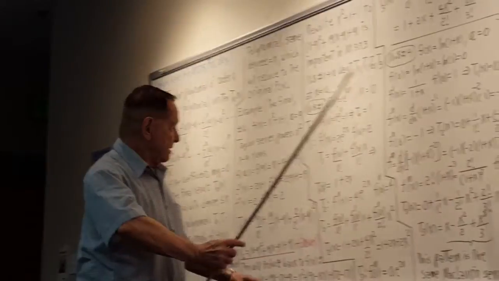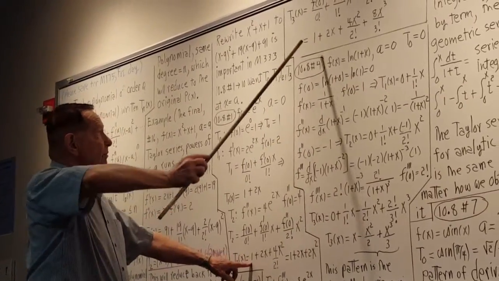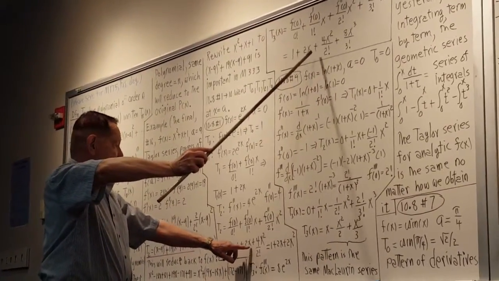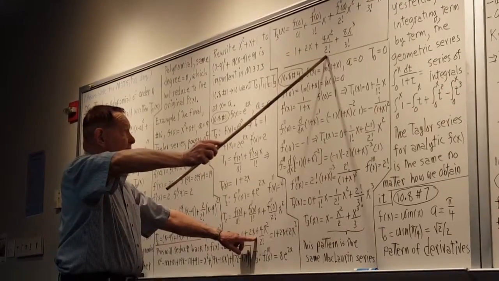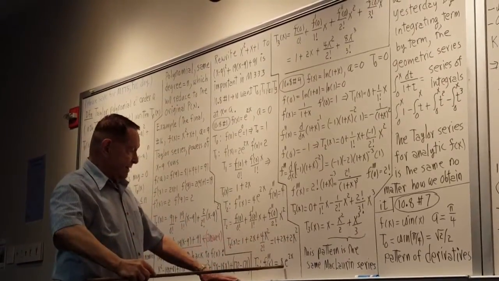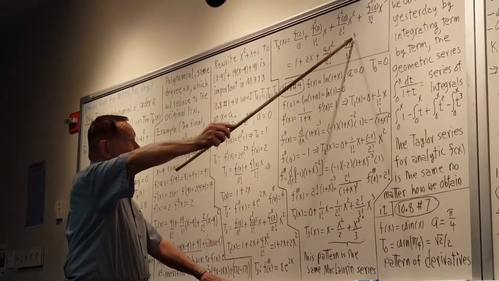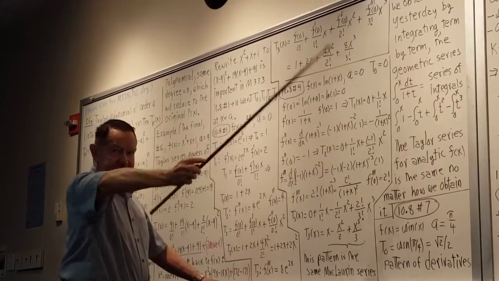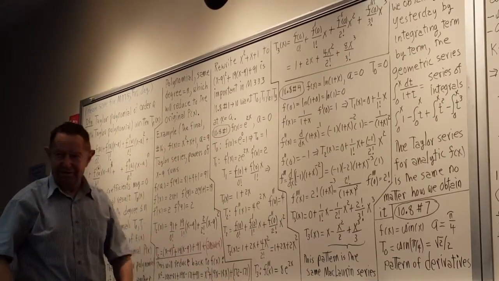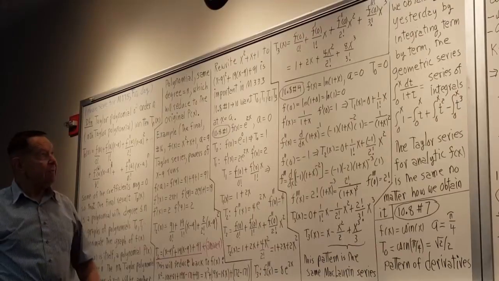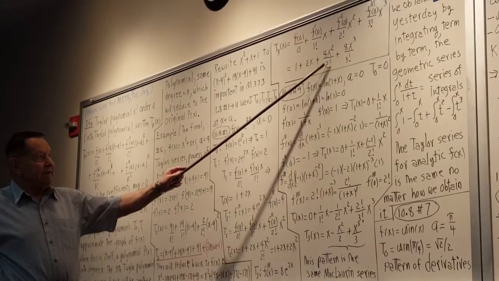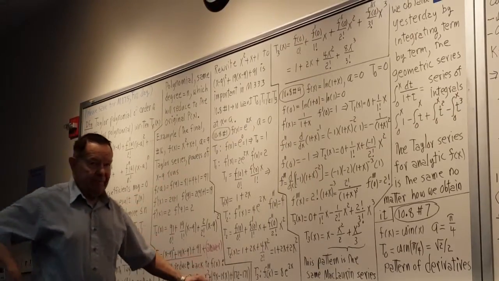So your T3 will be the 1 plus 2x, the 4x squared over 2 factorial, then the 8 x cubed over 3 factorial. Of course, it's times e to the 0 power, which is 1. So it would be a cubic like that.